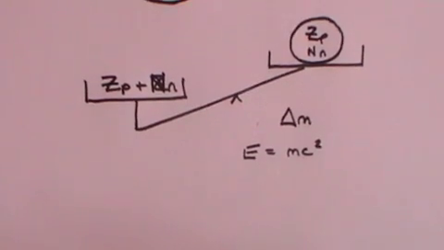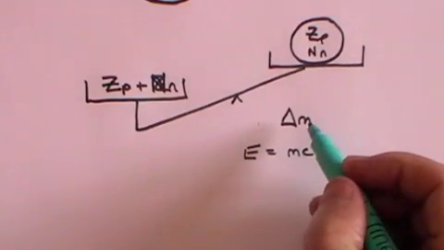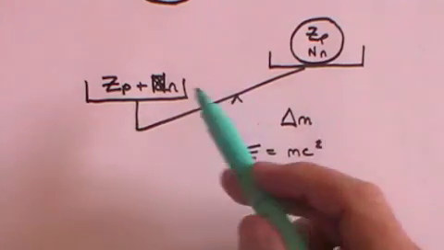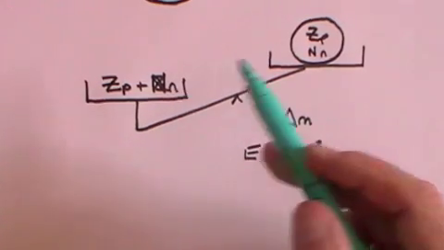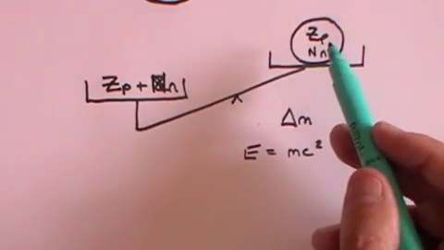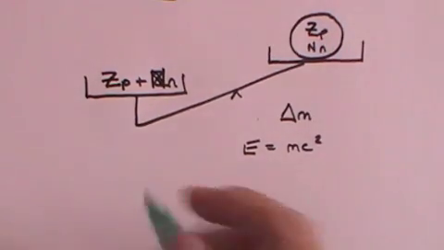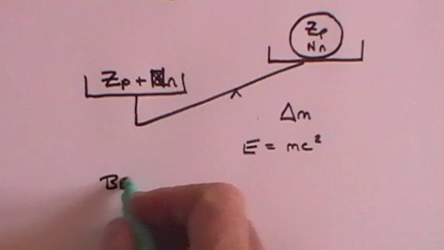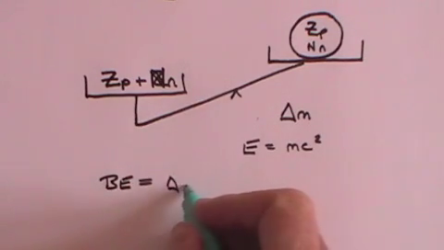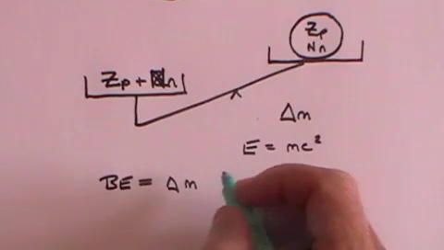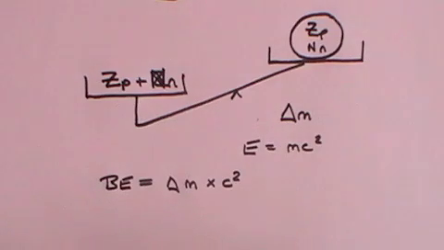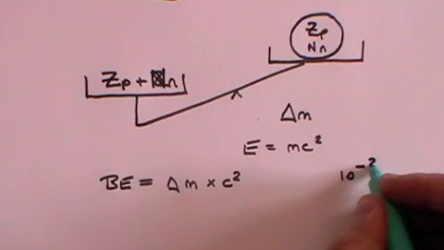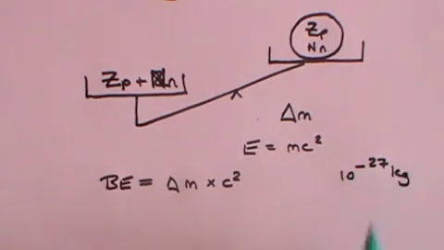So what we're saying is that this very tiny amount of mass that is the deficit between the individual constituent particles and when they actually get bound together in a nucleus, that is responsible for the binding energy. In other words, the binding energy is the mass difference or the mass defect multiplied by c squared. Now, the mass of a proton is of the order of 10 to the minus 27 kilograms.